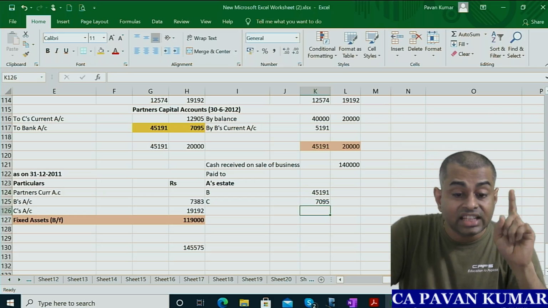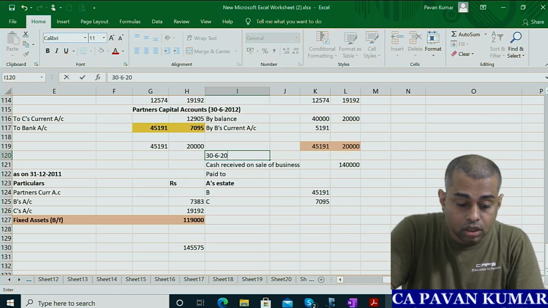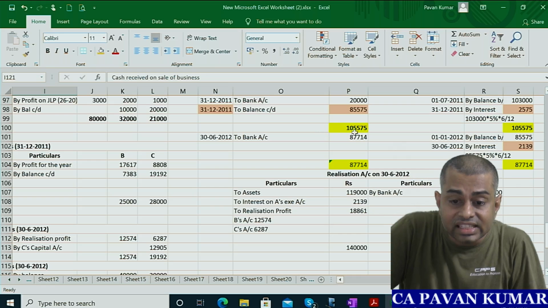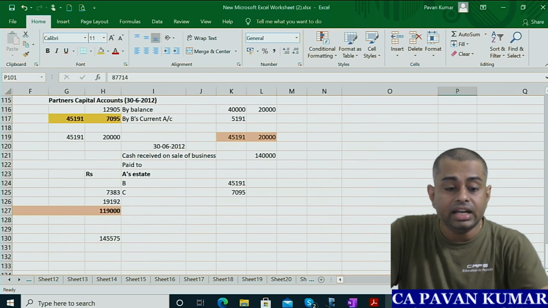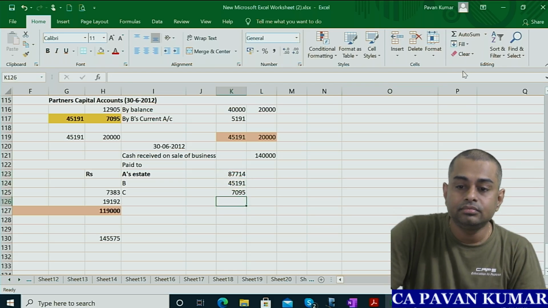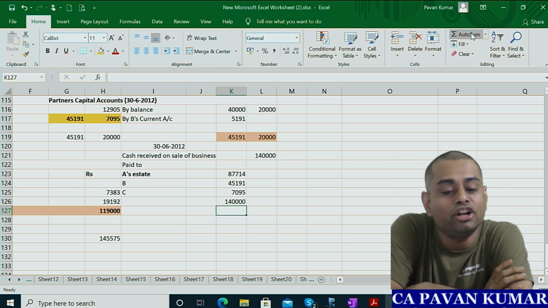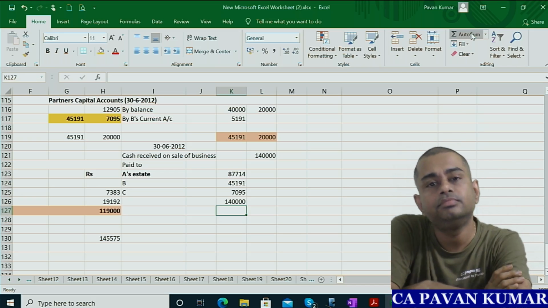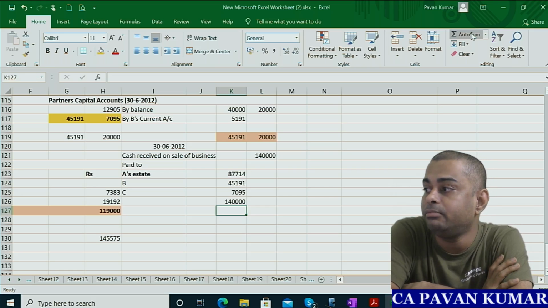To A's estate, since the sale of business happened on 3/6/2012, on this day how much have you paid? 87,714. Add these three numbers: 1,40,000. So you received 1,40,000 on sale of business and paid it to A's estate, B and C. Done. Sir, how simple you said the last three lines, but how big the problem is.